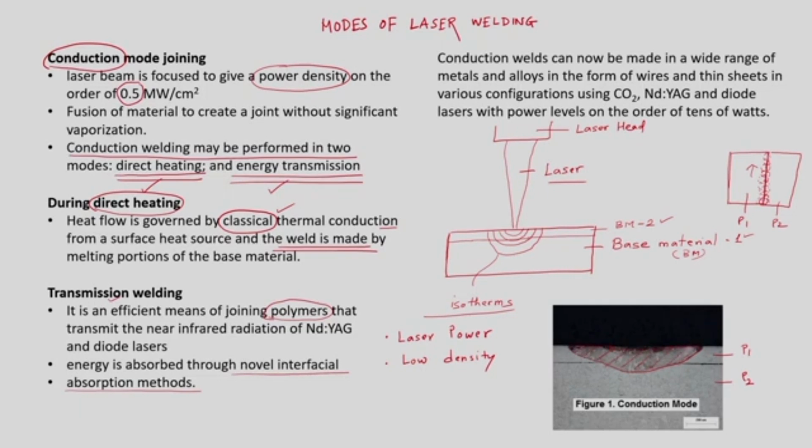We can notice that the beads are shallow. Their aspect ratio is less than 1. The depth to width ratio is less than 1, that we call the aspect ratio.